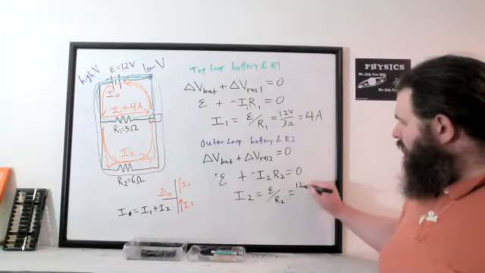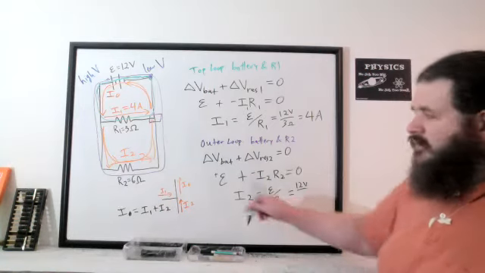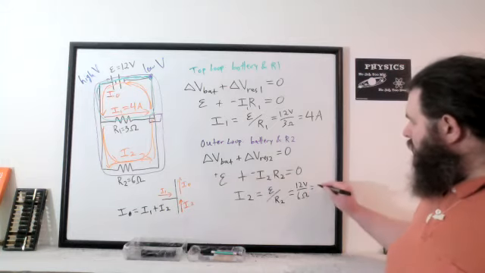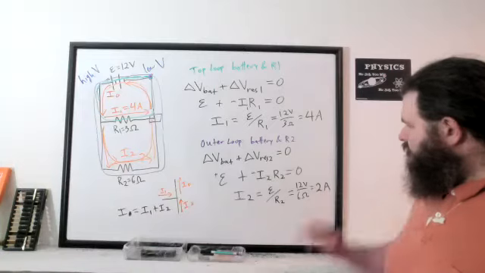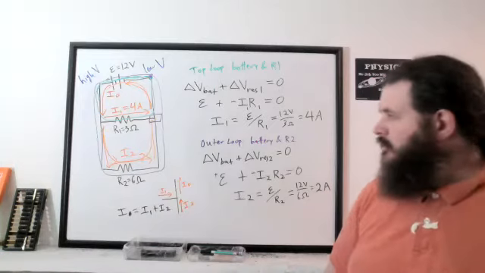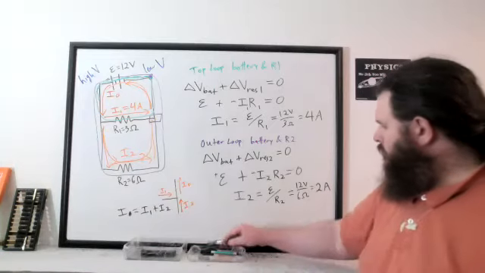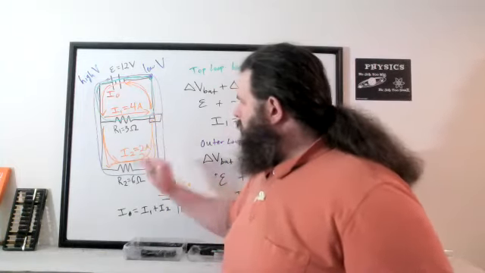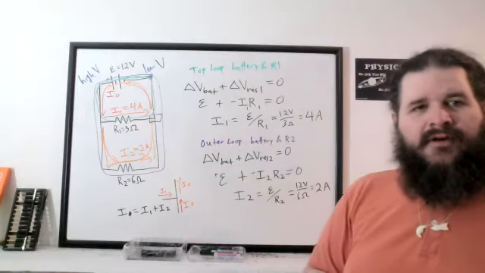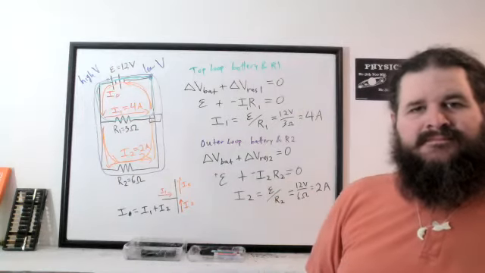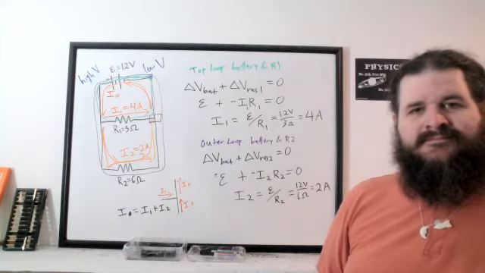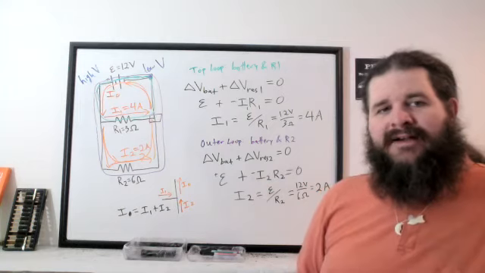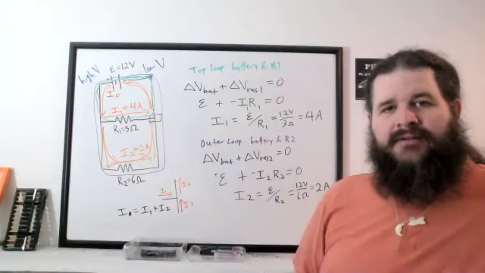So we fill in 12 volts for epsilon, divide by R2, which is 6 ohms, and we get 2 amps. So that's the current through resistor 2, 2 amps. Any questions on that so far? And now that we have I1 and I2, we can immediately also find what other information.